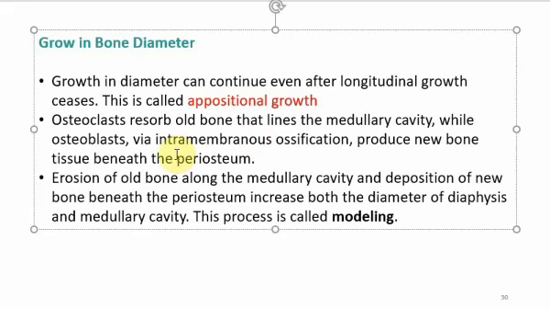Okay. The process by which old bone is resorbed and then new bone is made to replace the resorbed bone is what we call modeling. So the modeling process is responsible for growth in diameter of your bones.